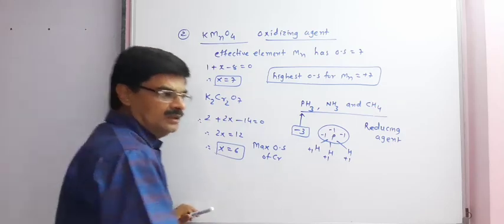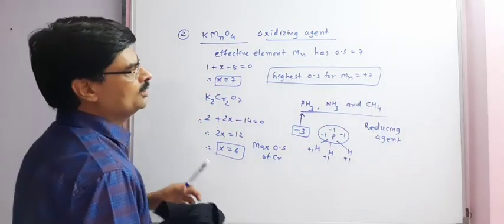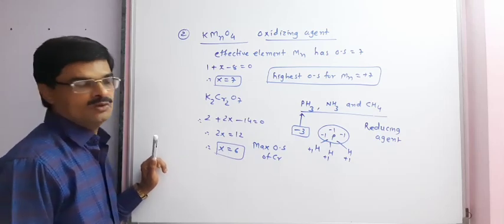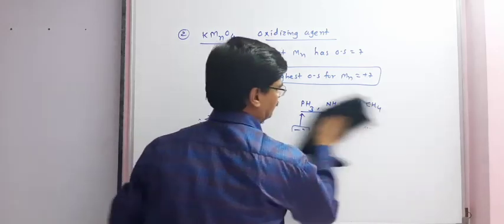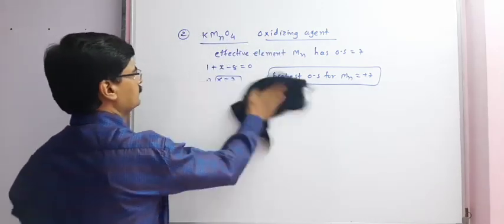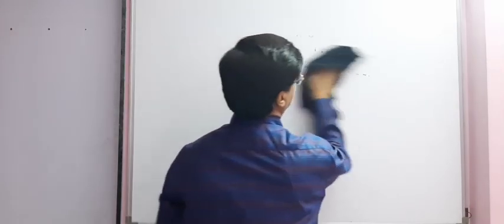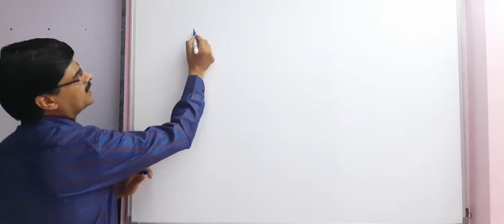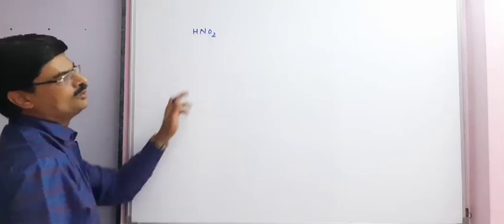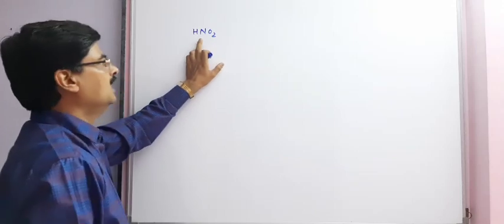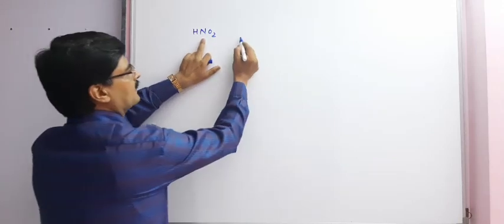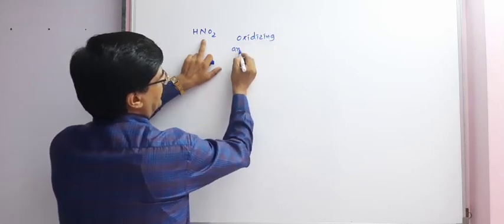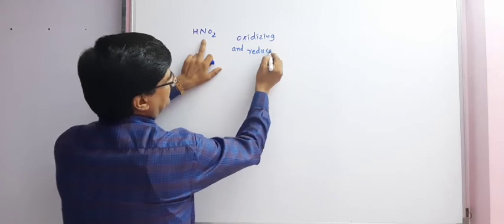But for another molecule, they can behave as both oxidizing agent and reducing agent. Let's look at that example. Take the example of HNO2, which is also known as nitrous acid. How will nitrous acid behave as an oxidizing agent as well as a reducing agent?